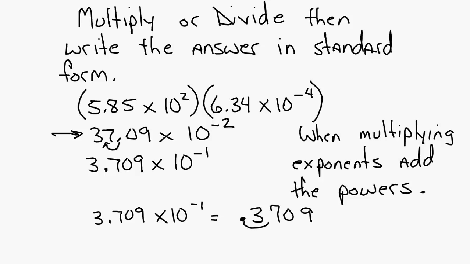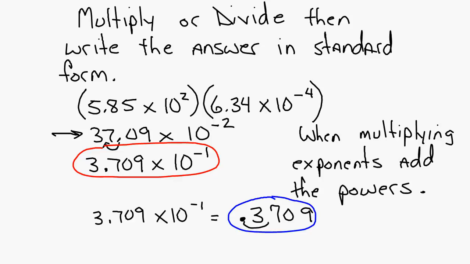So here's the number in scientific notation. Here's the number in standard form. So when you're multiplying numbers in scientific notation, the first step is to just multiply the 2 decimals. And then the second step is to add the powers. Once you've done that, you can adjust where the decimal is, and you adjust the power.